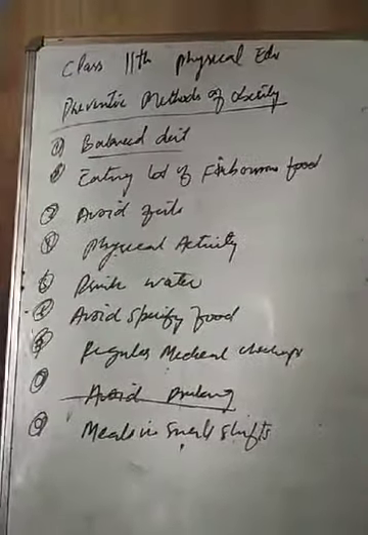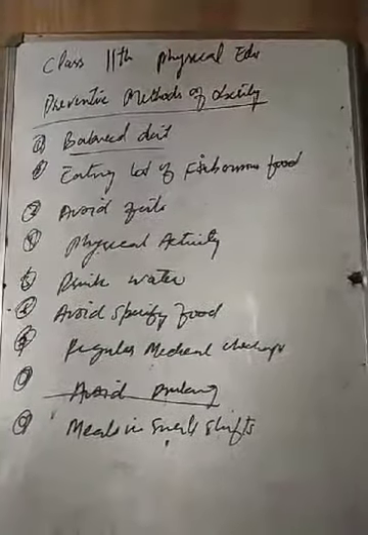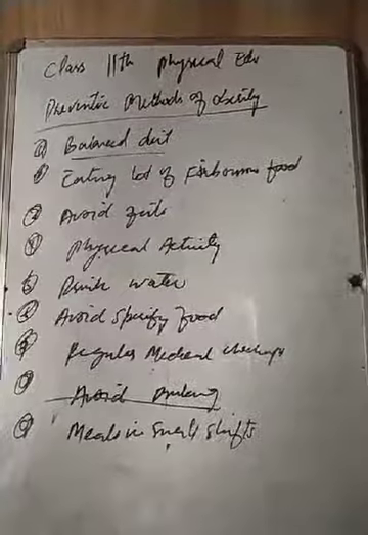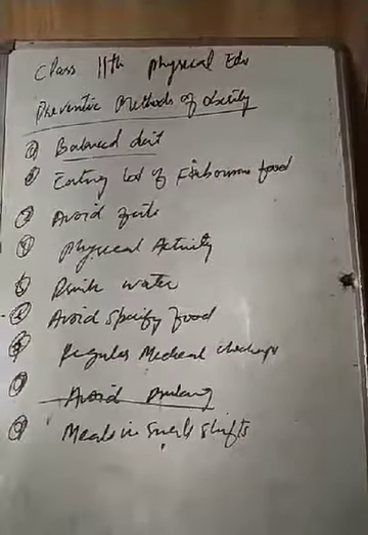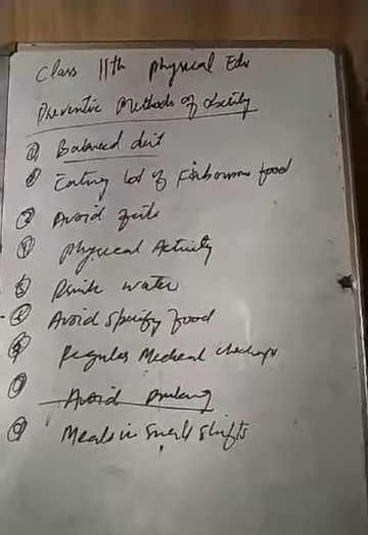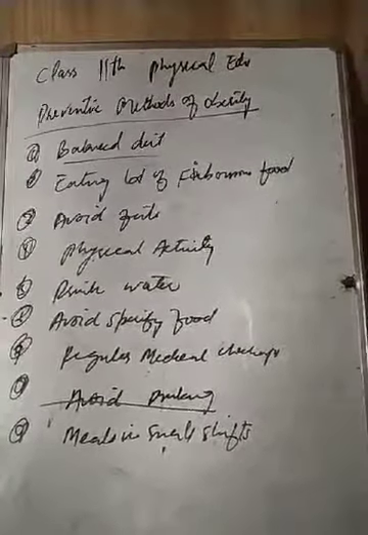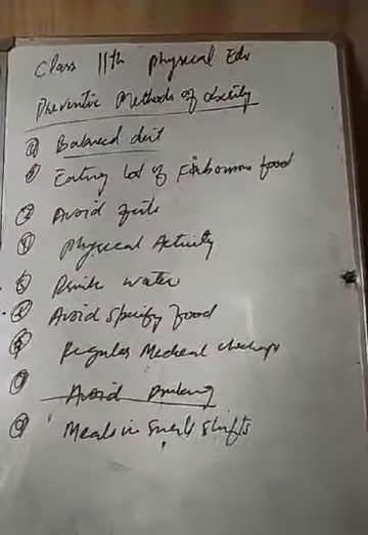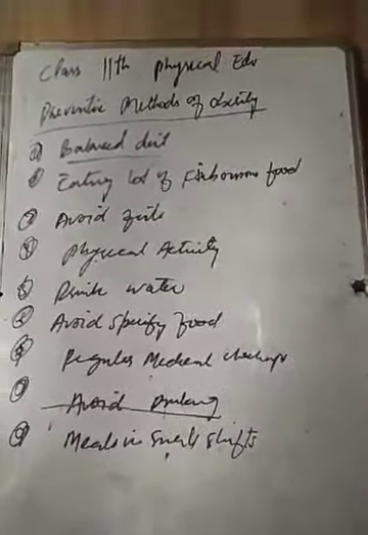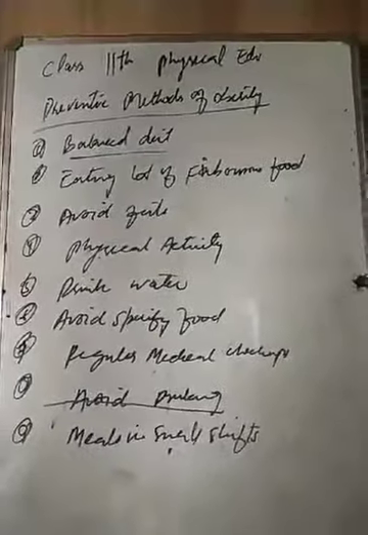Number three, avoid fats. Avoid fried foods. Direct fats like butter, cream, ghee, animal fat, etc. should not be taken. For the sake of taste, only refined oil or mustard oil should be used for cooking. We must avoid butter, cheese, ghee, animal fats in order to keep our body balanced.